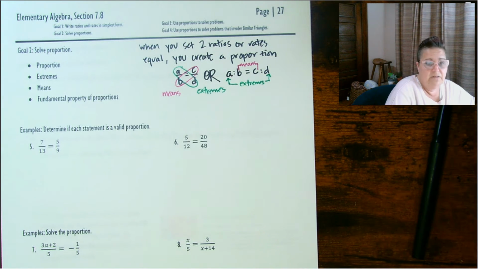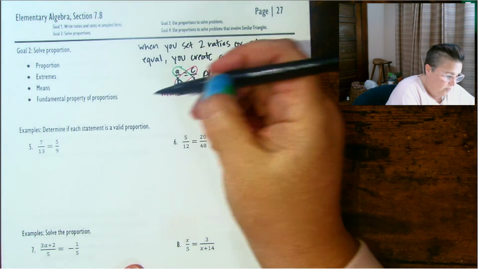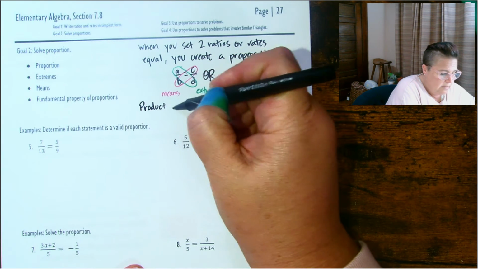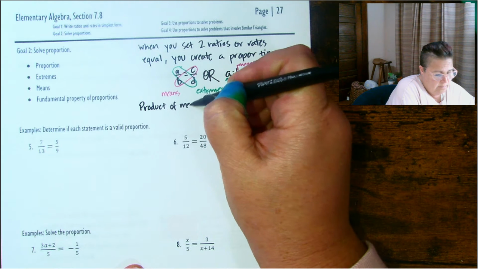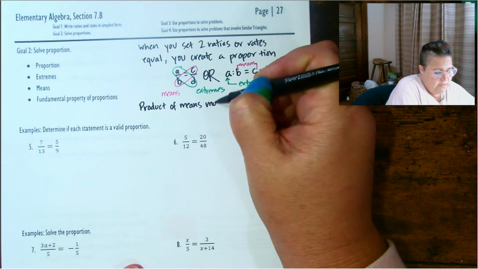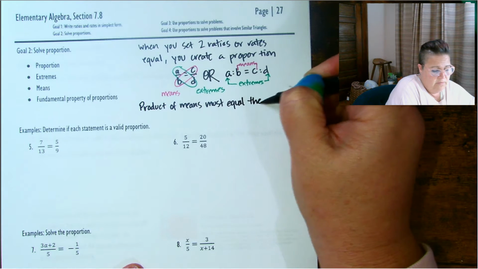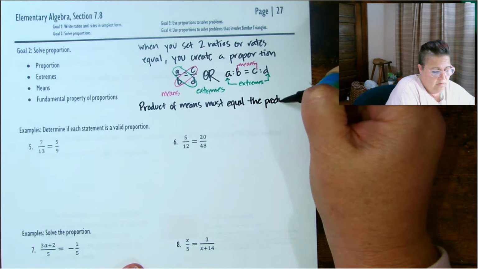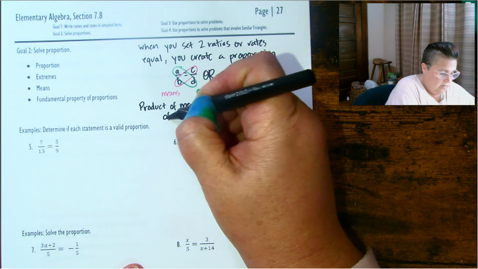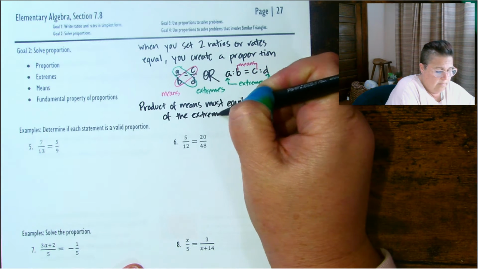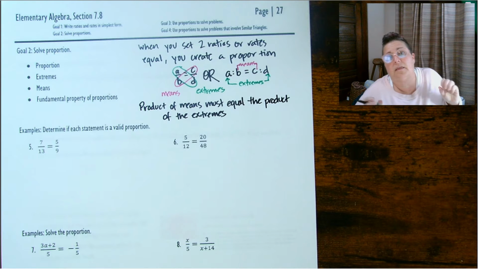The fundamental property of proportions says that the product of the means must equal the product of the extremes. This is just a fancy way of saying cross multiply.